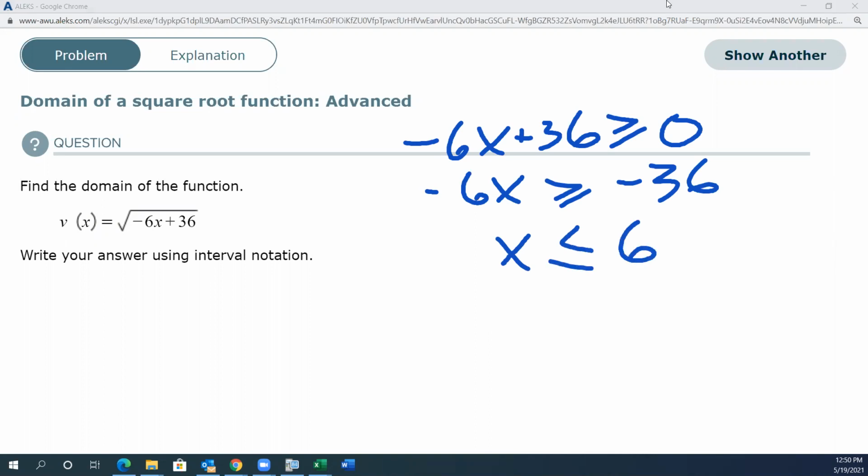I get that. So that will be the domain of the function. Oh, and it says do it in interval notation. I missed that before. All right, so that would be -infinity to 6. And because of the or equal sign, we're going to include the endpoint in the solution set using brackets. And so that would be how to write it in interval notation.